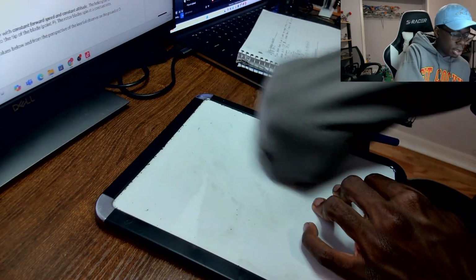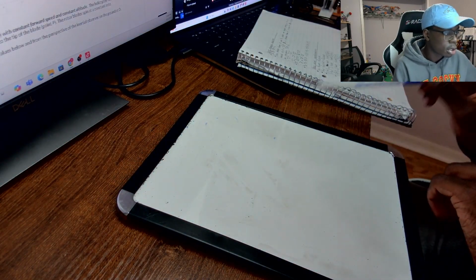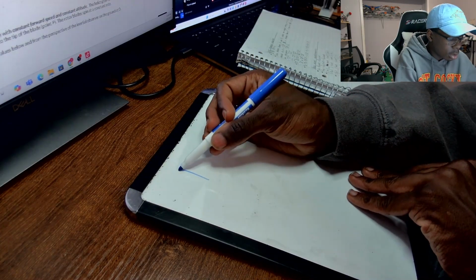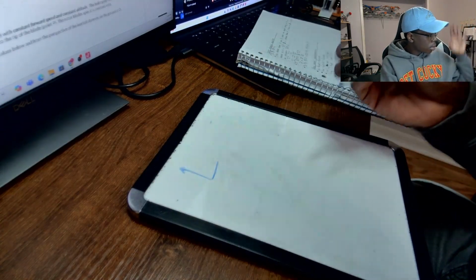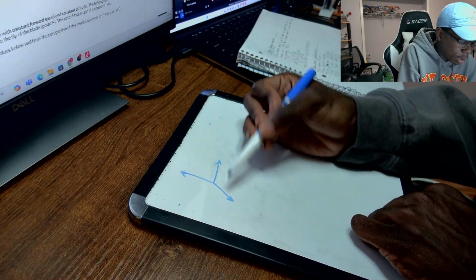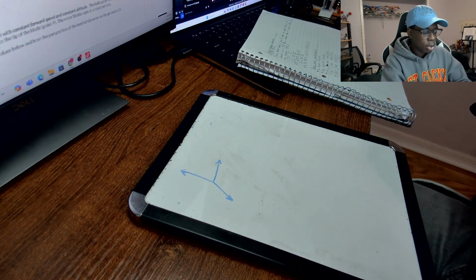So I think I can set up two vector systems. I'll have my fixed vector system. I usually like to call it IJK. Some people do capital E1, E2, E3.